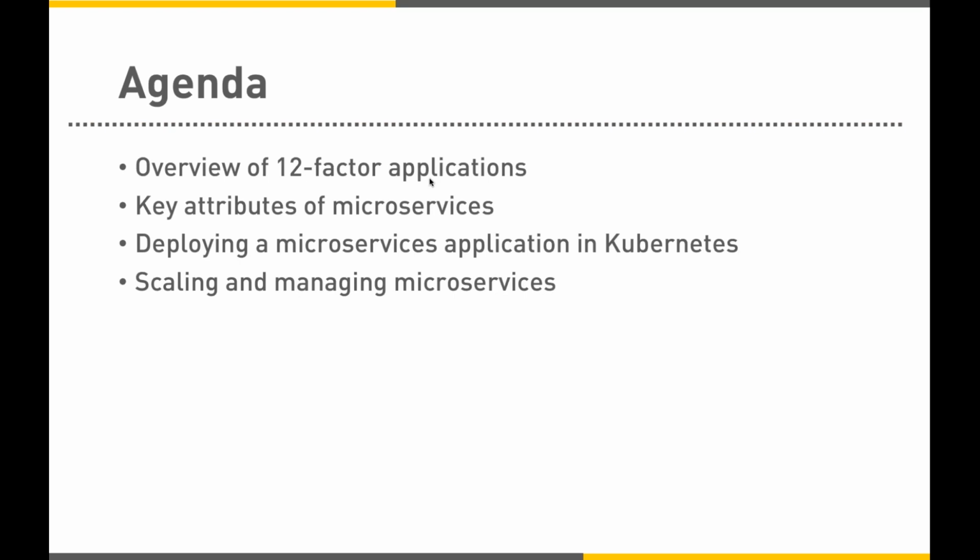But it is very important for you to understand what makes a 12-factor app. Then we'll understand what are microservices, and we'll take a closer look at the key attributes of microservices. And finally, we package, deploy, and scale microservices in Kubernetes. So there is an interesting demo towards the end of this session where I'll walk you through all the steps it takes to go live in Kubernetes.